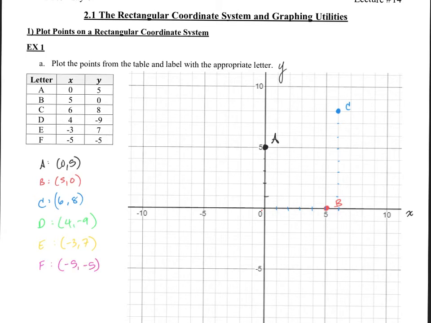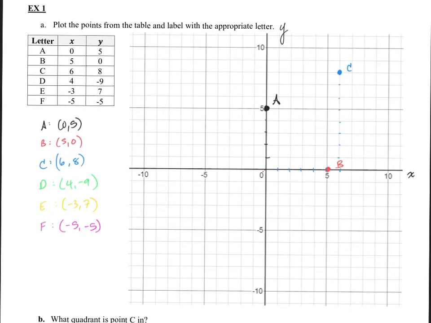Alright, so for D, we have 4, negative 9. So positive 4, 1, 2, 3, 4, negative 9. 1, 2, 3, 4, 5, 6, 7, 8, 9. That's D. Then E, negative 3, 7. So negative 3 for the x values, and then positive 7 for the y's. 1, 2, 3, 4, 5, 6, 7.